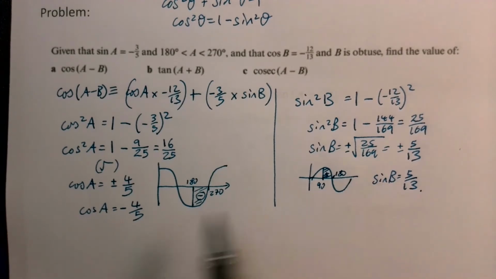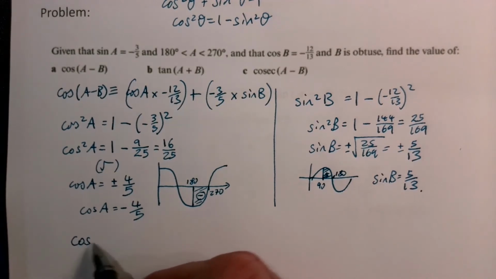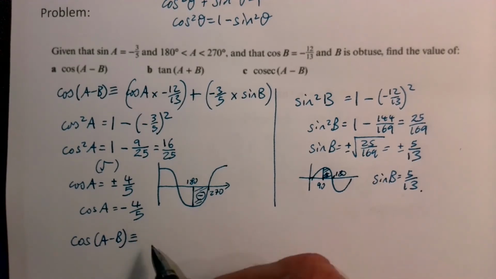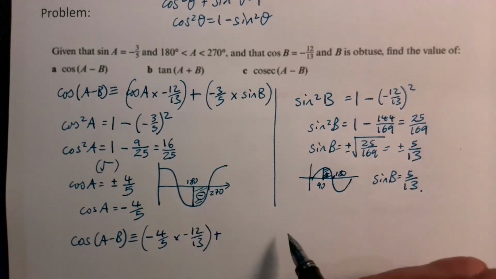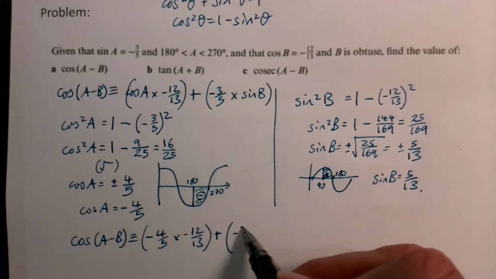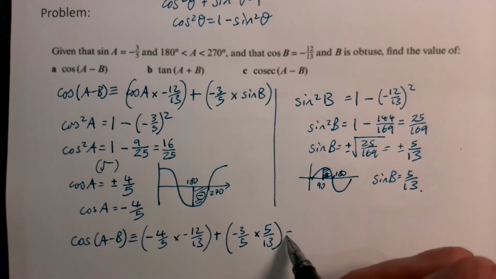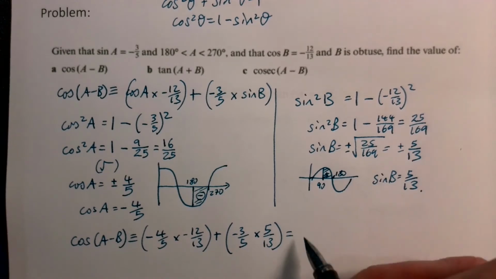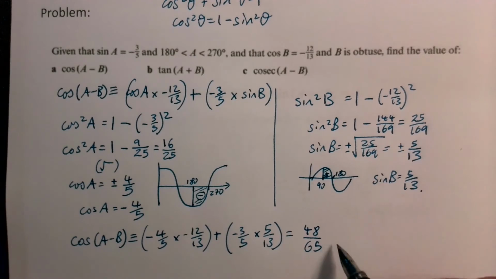Now that I've got those two values that I need, I can write out again cos A take B is going to be identical to negative 4/5 times negative 12 over 13 plus negative 3/5 times 5/13, and that's going to equal, well, the negative times the negative is a positive, 4 12's are 48, 5 13's are 65.